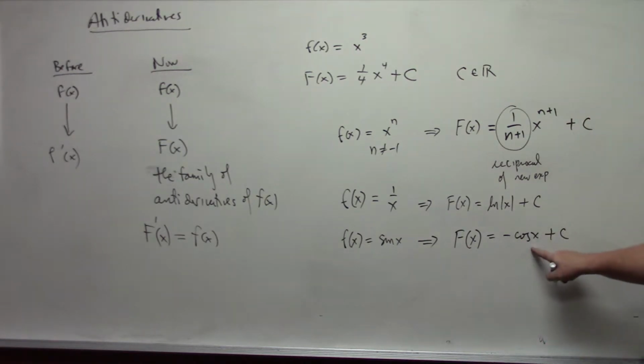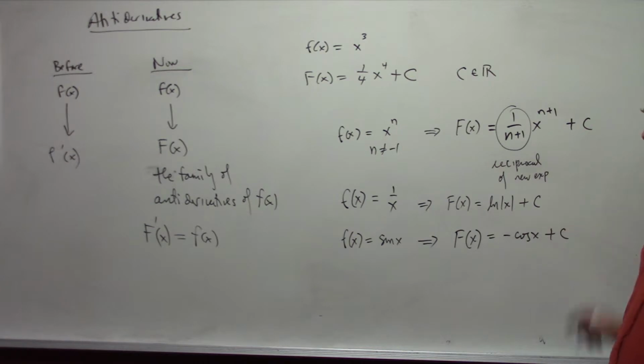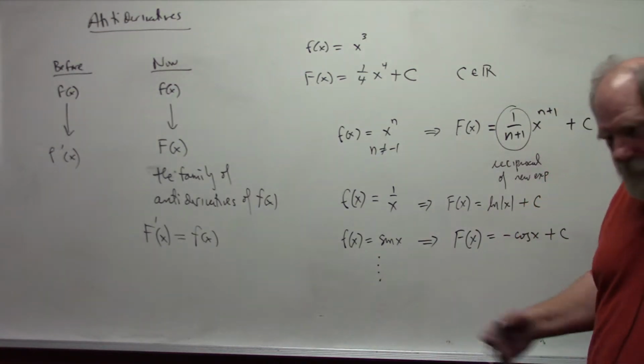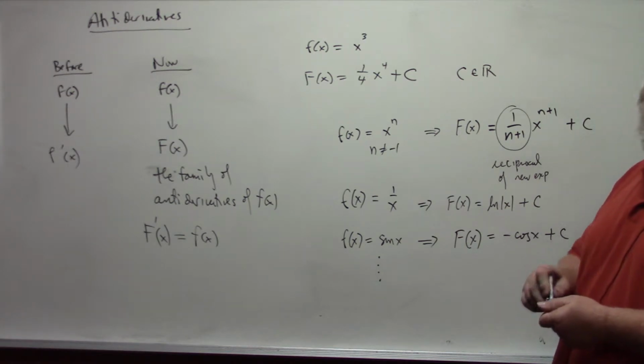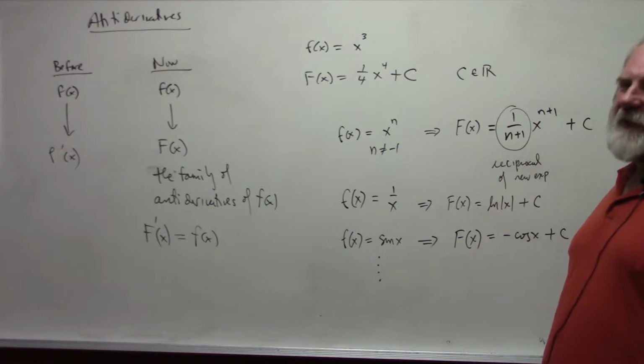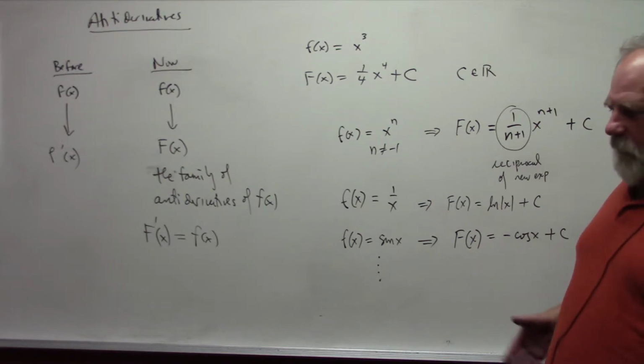Because the derivative of cosine of x is negative sine of x, and so then the negatives would cancel each other out, and we get what we want, etc. There's a list of them. Again, you should know the reverse of all these derivatives. That's why I said you need to know those derivatives very well, because we literally need to know them forward and backward.